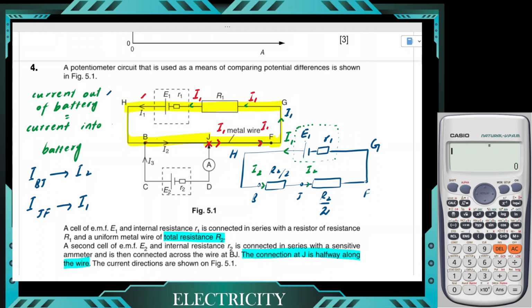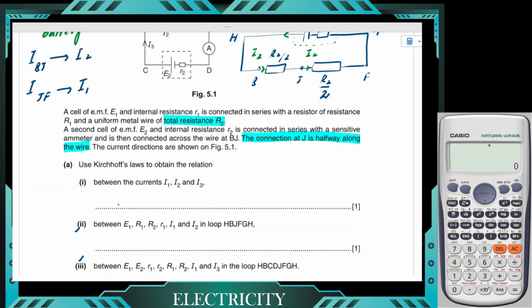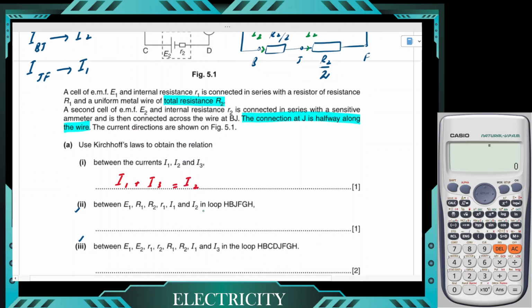For example, if I choose the junction B, I can easily relate the three currents. Can you help me out with the expression of the currents at the junction B? I1 plus I3 equals I2.